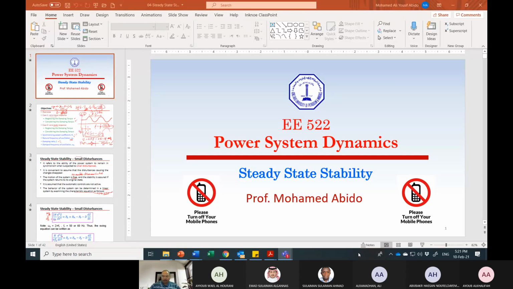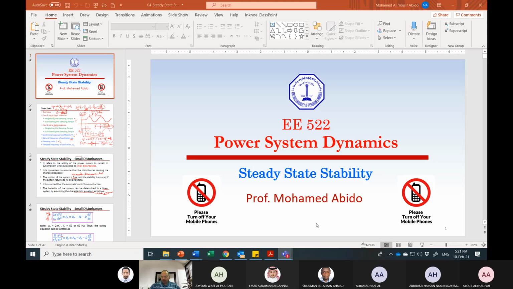Okay, great. So we have started this part last time, which is the steady state stability, which is defined as the system after small and gradual change, the system will be back to its nominal operation or regain the synchronism.